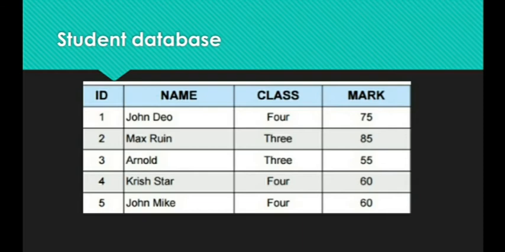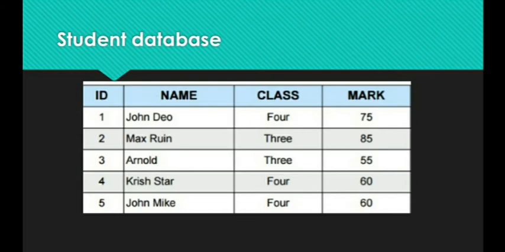Suppose my data is 75, that 75 should go to the mark column, and my ID is 1, that should go to the ID column only, not to any other column. This is how the data is organized in such a way that it will produce information. This we call a database.